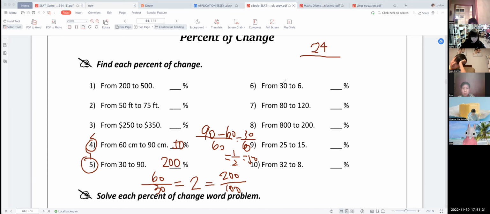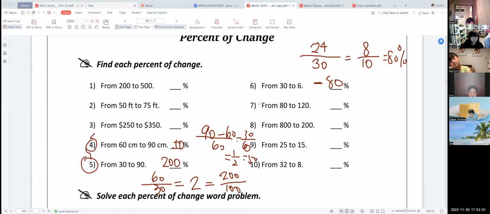But what is the original one? 30. So 24 divided by 30 equals 8 divided by 10, which is 80%. So this one is 80%, but it is decreased. So we need to put a negative in front of it. Understood? Understood.